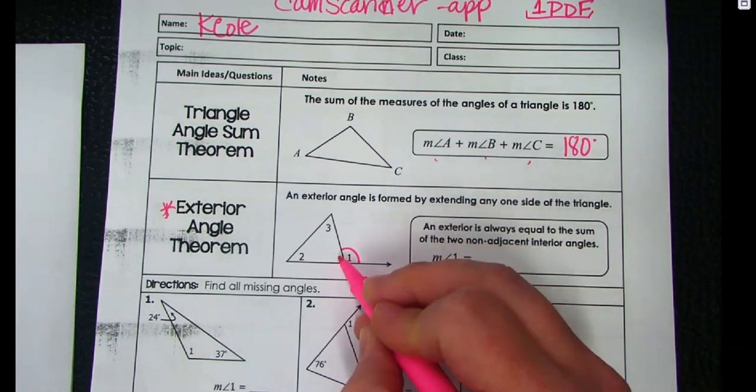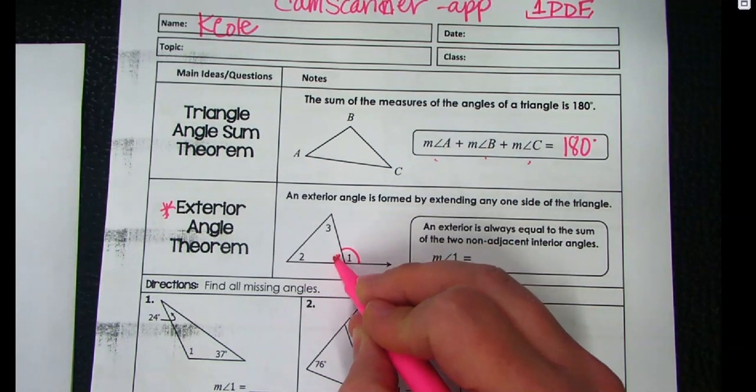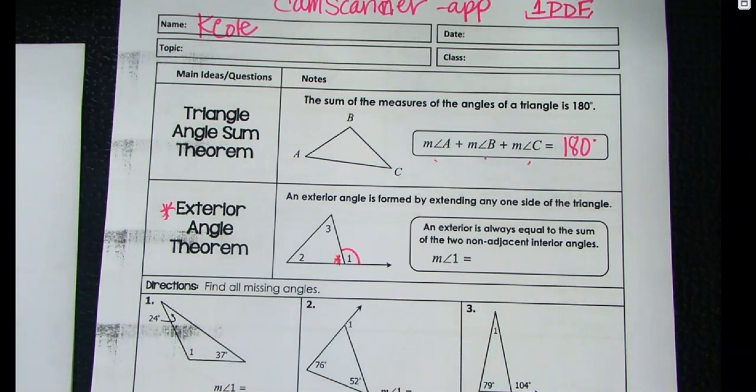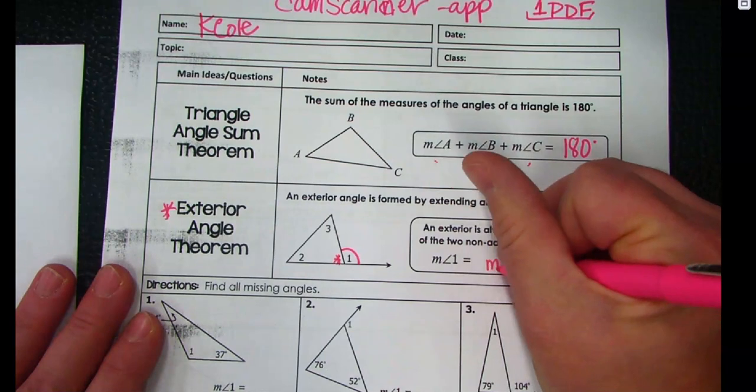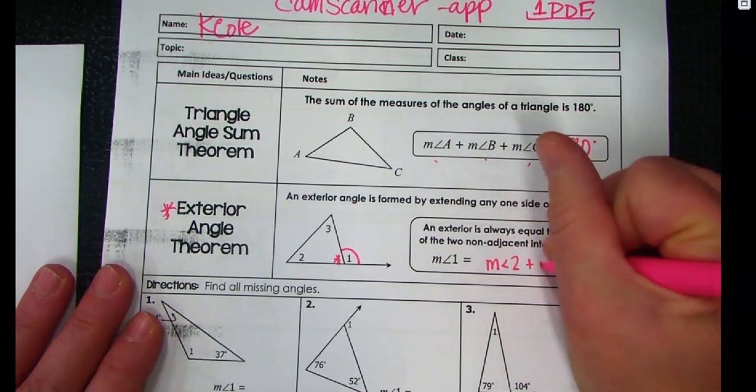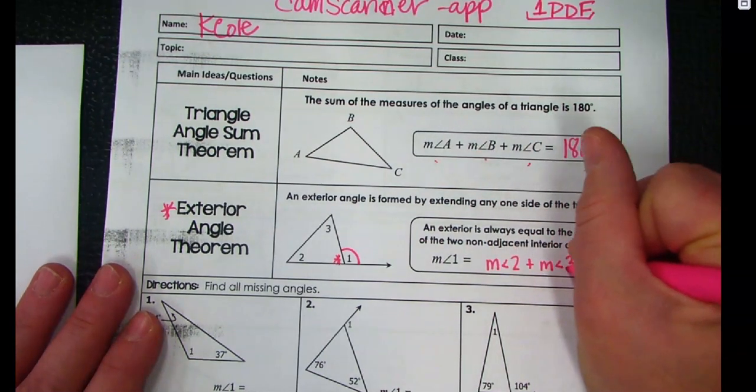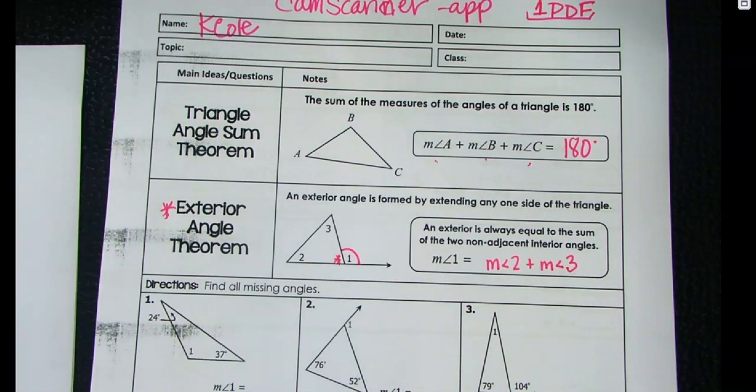So this would be my adjacent. So we're looking for something that is non-adjacent, which means 2 and 3, and we want the sum of those two. So those are the equations that you're going to be using today to solve your work.